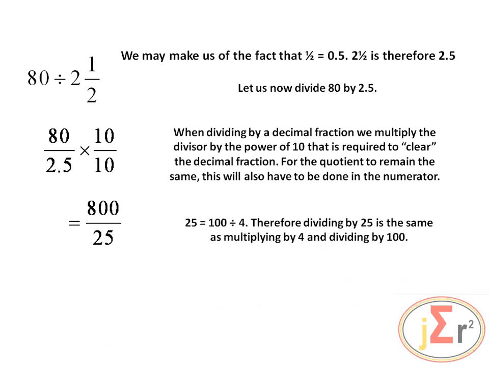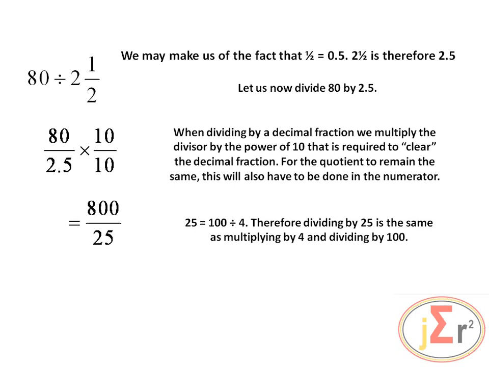25 is equal to 100 divided by 4. We are taking a look at a little strategy or a little mathemagic that we may apply in dividing by 25. 25 is equal to 100 divided by 4.